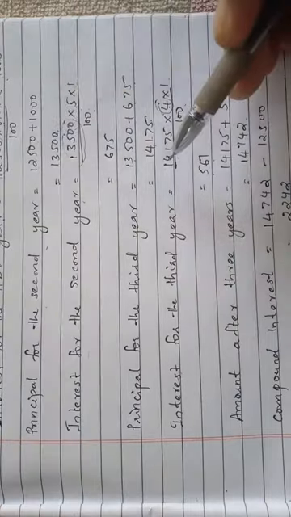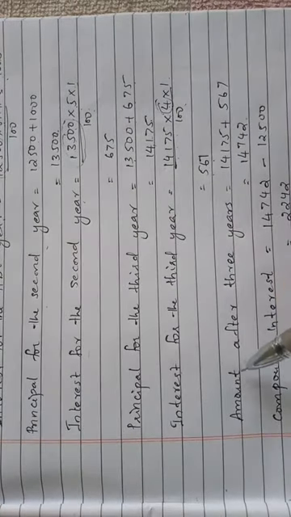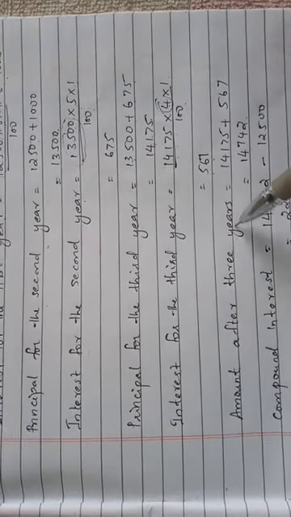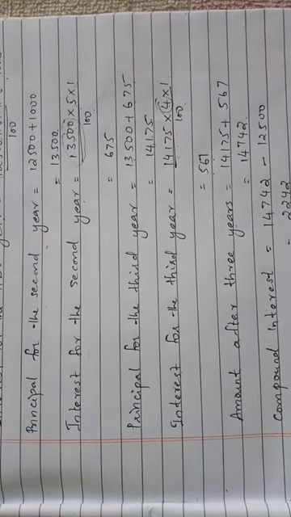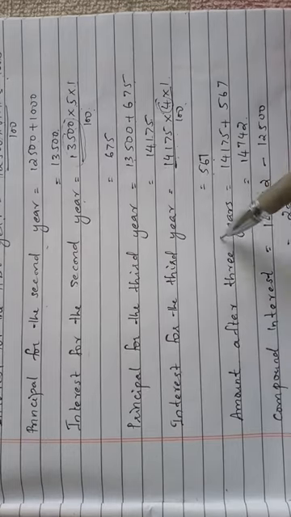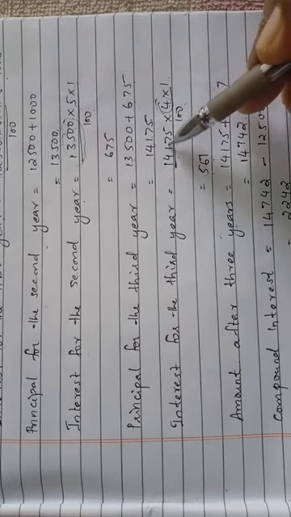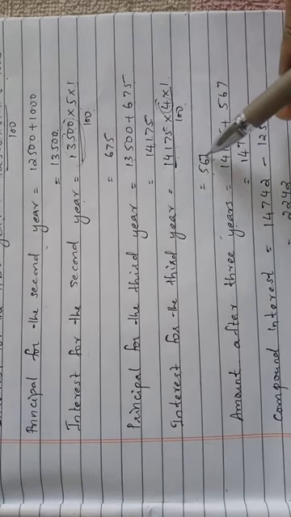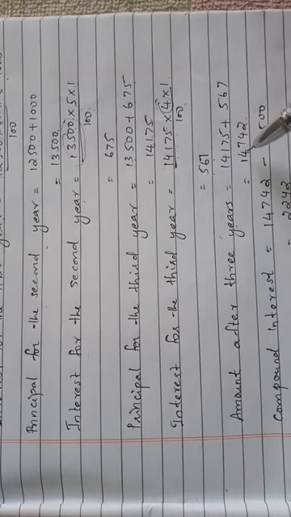Now all the 3 years are over, so we can write amount after 3 years. No need to take principal for the next year. We can find the amount. Amount after 3 years is equal to 14,175 plus 567, which is equal to 14,742.